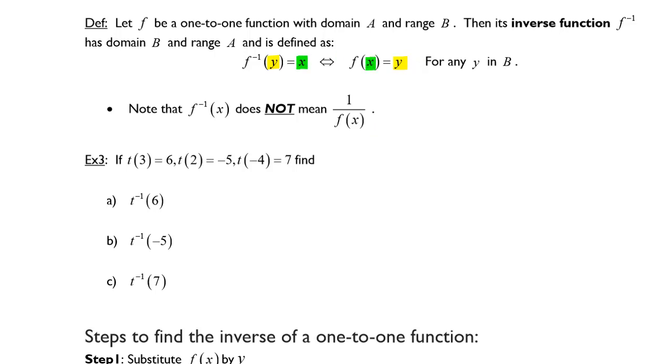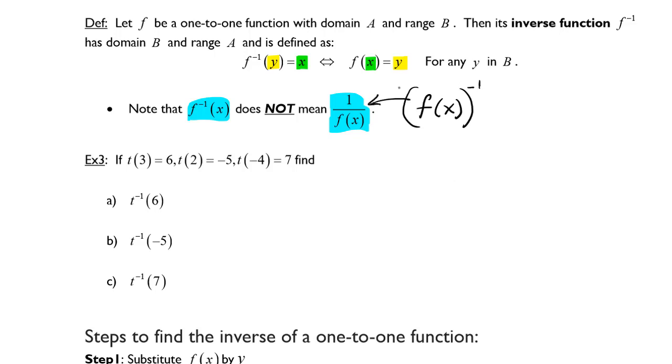Note that f inverse does not mean 1 over f. This is a common error, and I know that an exponent will mean that you can put the function in the denominator. But if that was the case, the way it would be written is like this: f of x all raised to the negative 1.